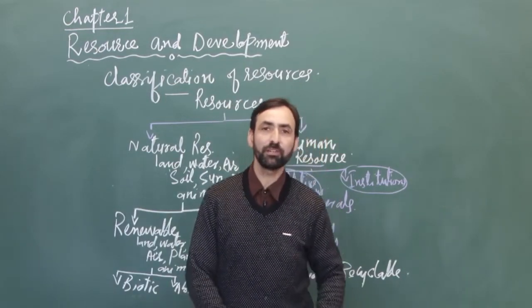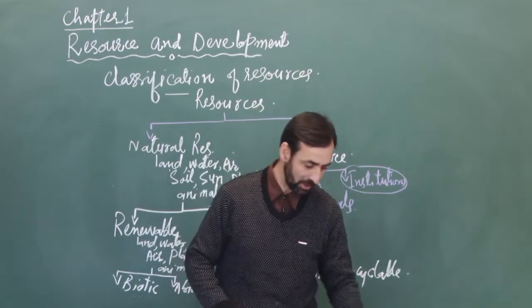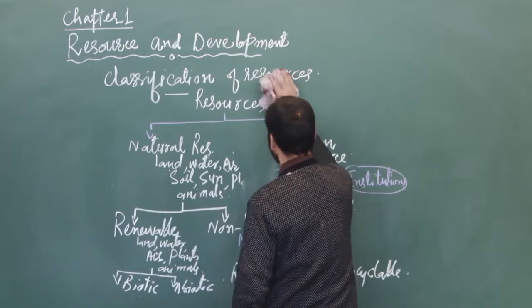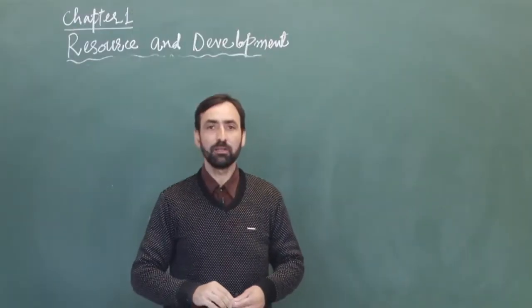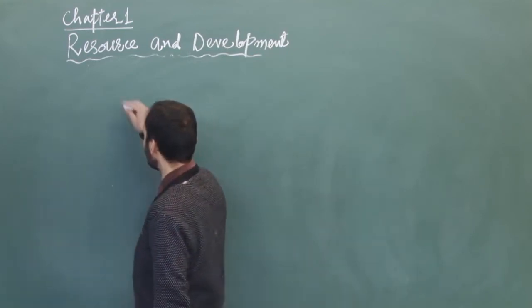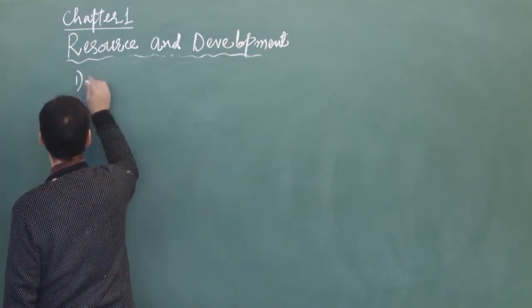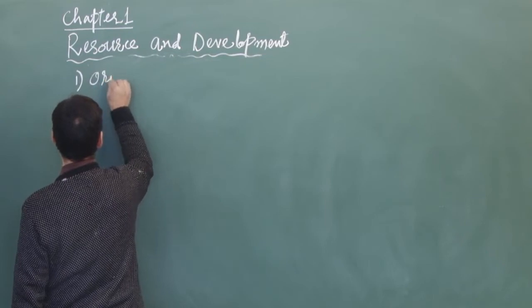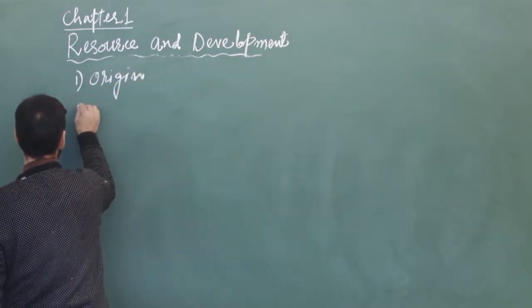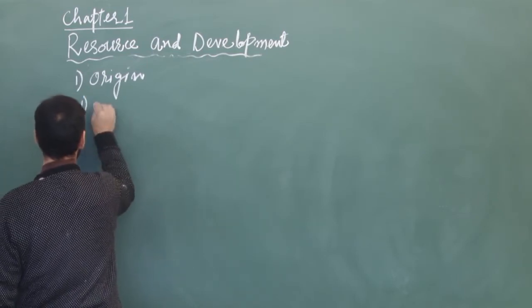Now there are different bases on which the resources have been classified. First base, on the basis of origin. Number 2, on the basis of exhaustibility.